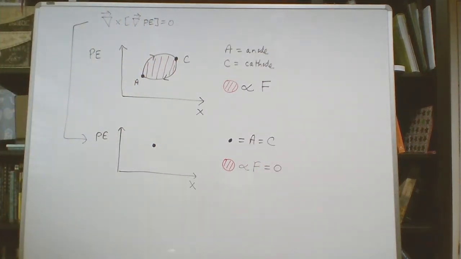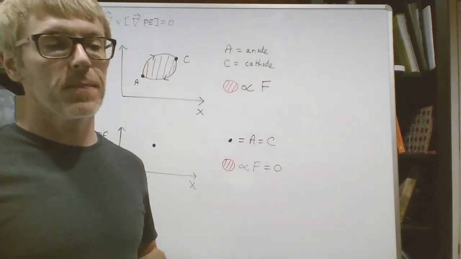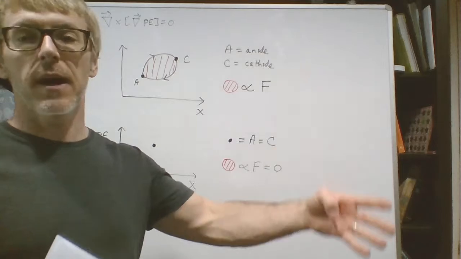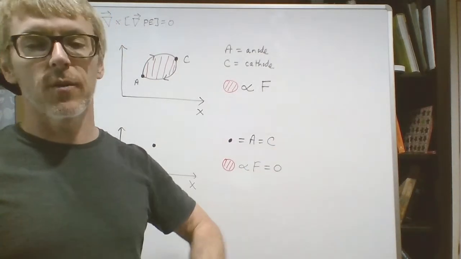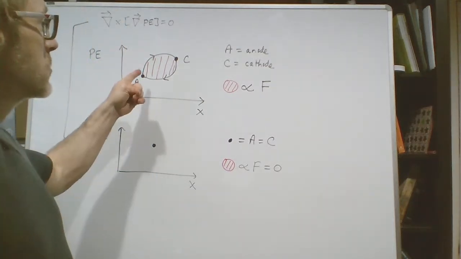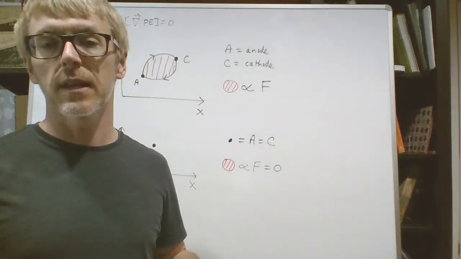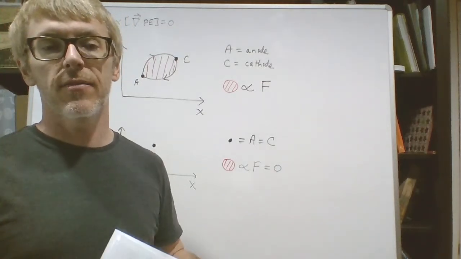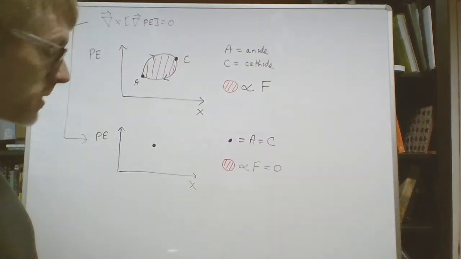So what this diagram tells us is that if I want to, in my electrochemical cell, force my electron to move, encourage the flow of electrons, which is the goal behind electrochemistry, then I need to separate these points, these objects, the anode and the cathode. I can't have them being connected in the same location. I have to physically separate them.